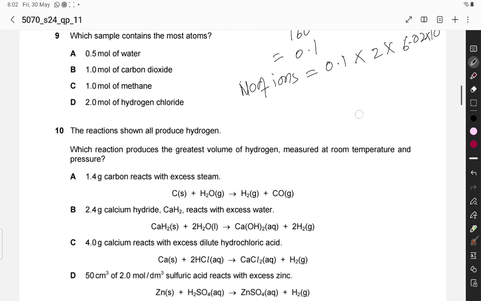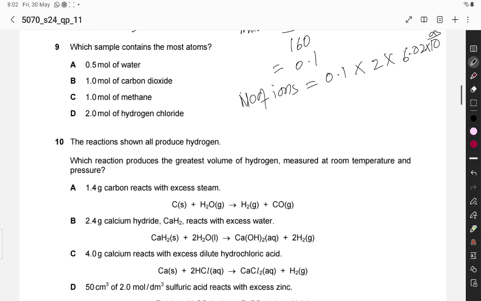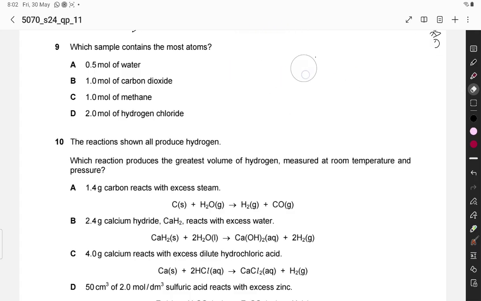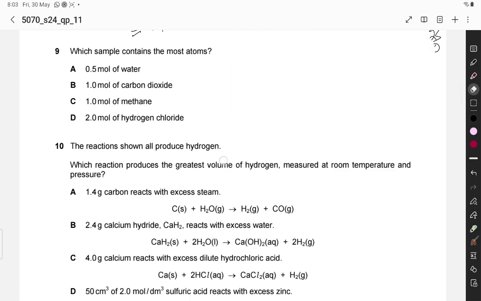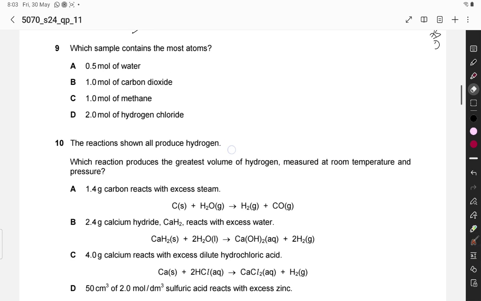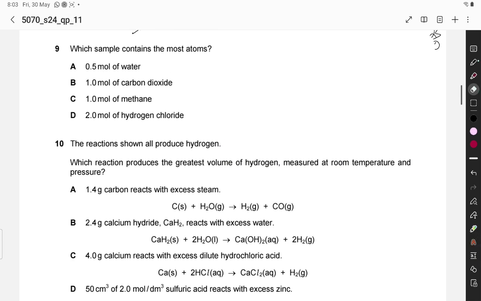Which sample contains the most atoms? 0.5 moles of water, and the number of atoms in water is 3 into 0.5 into 6.02 into 10 raised to 23.